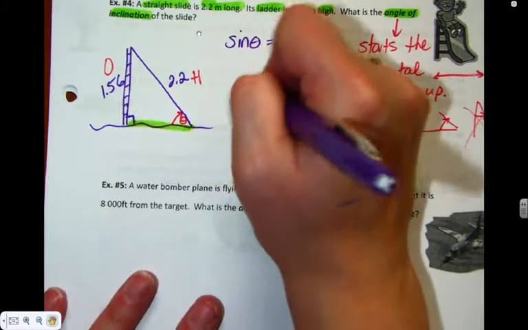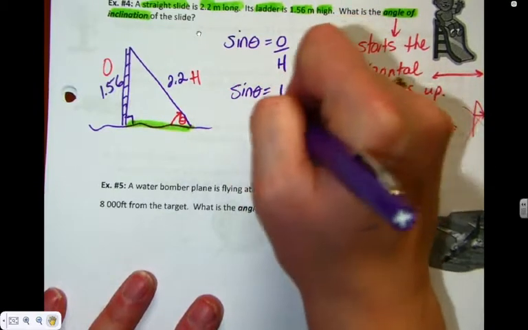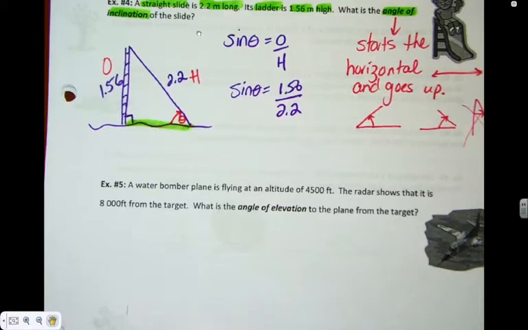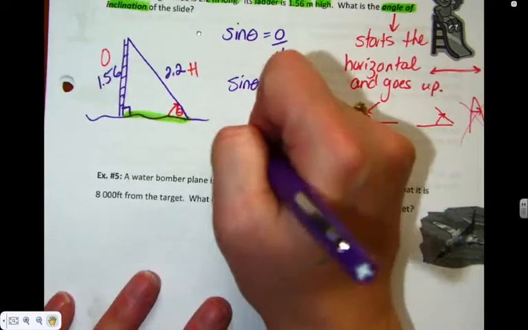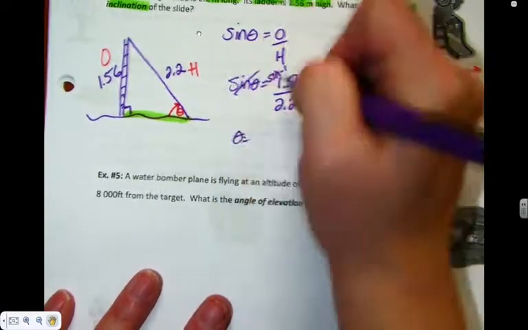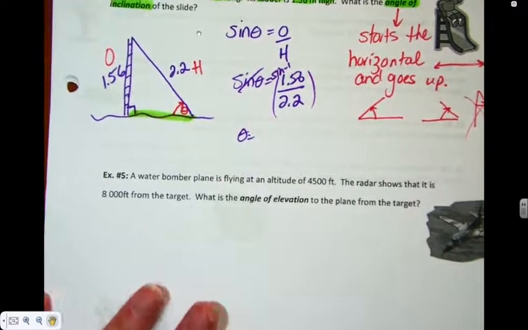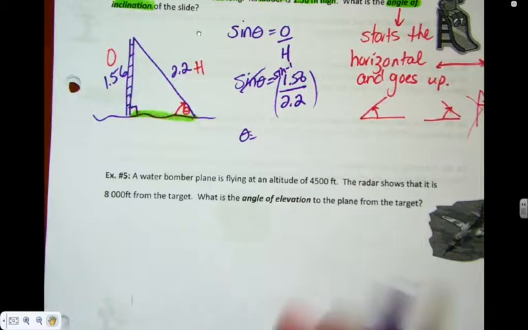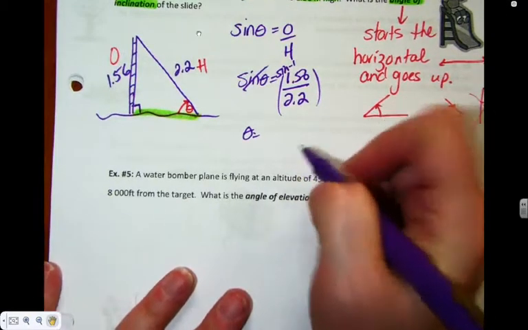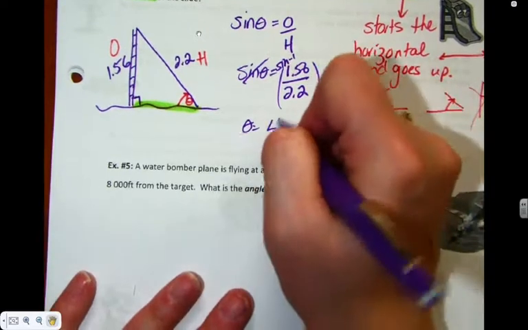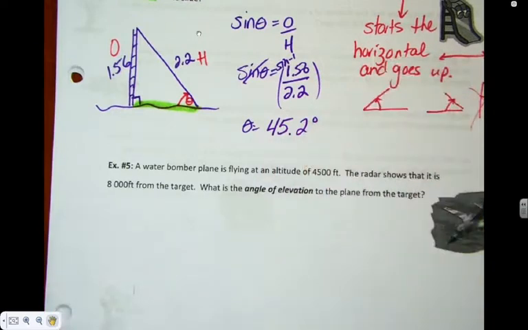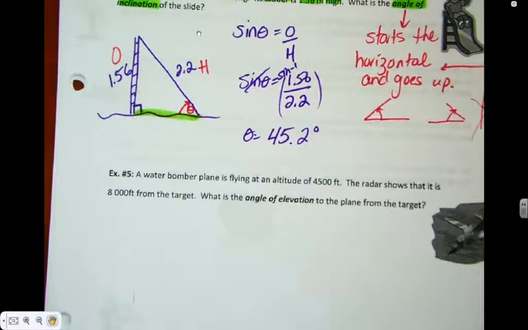Okay, sub in, we don't have theta, but we do have O, and we have H. How do we get rid of sine in an equation? Inverse sine. 45.2 confirmed. 45.2.